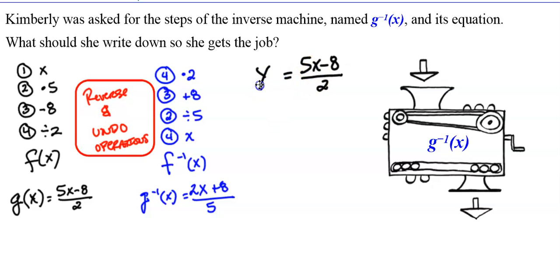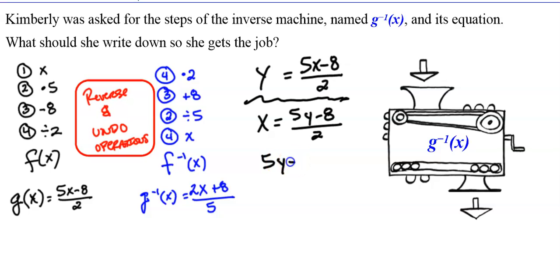So here's what you do: you take your y, you put it in for x, and you write it backwards. So we're going to rewrite this as x is equal to 5 times y minus 8 over 2. And then we're going to solve for y to get y by itself. So I'm going to rewrite this: we have 5y minus 8 over 2 is equal to x.